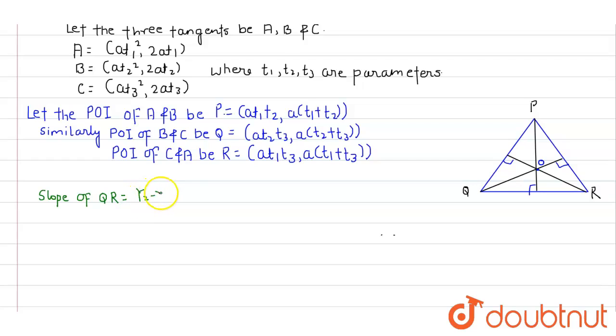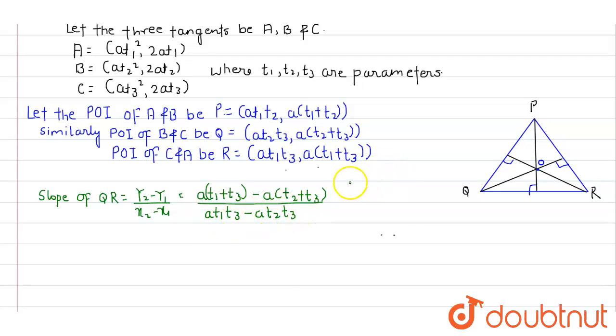Let's say this is (x2, y2) and this is our (x1, y1). So what you will get: a times (t1 + t3) minus a times (t2 + t3), which is y2 minus y1, divided by x2 minus x1, which means a t1 t3 minus a t2 t3.